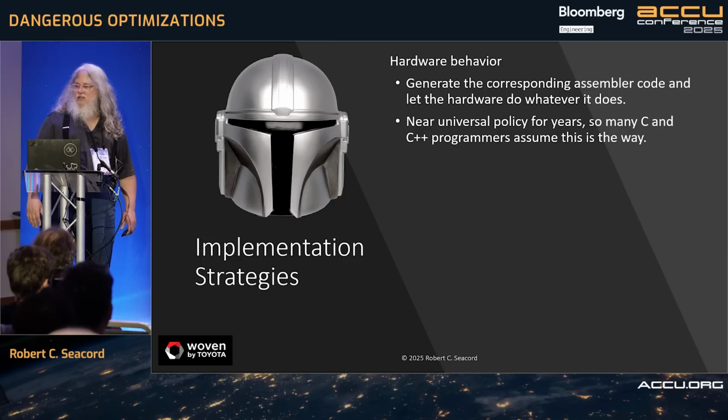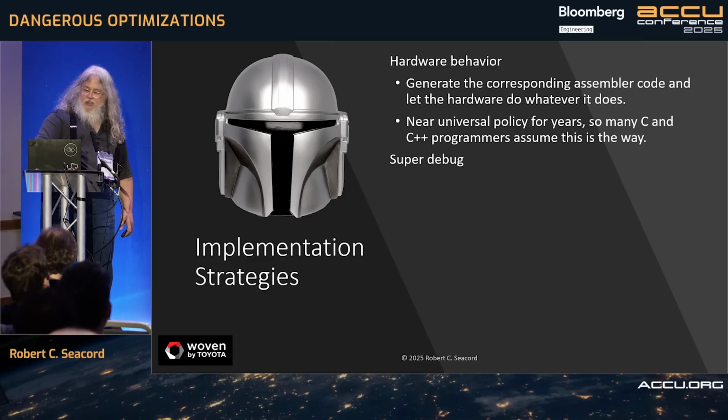We just kind of assume it's going to generate some instructions and it'll do whatever the instructions do. But that's increasingly becoming less and less true, and it really bothers people who have internalized this hardware behavior model. People really dislike and distrust, pointer is the word I'm looking for, provenance, pointer provenance.